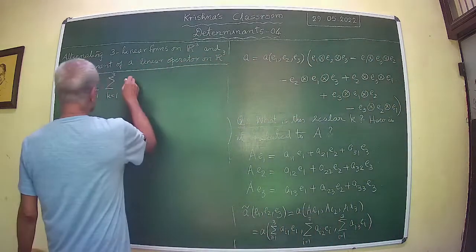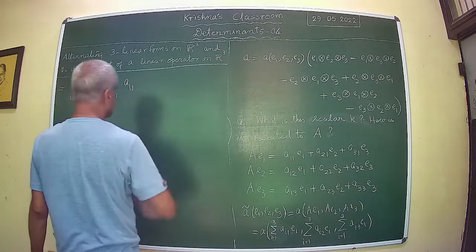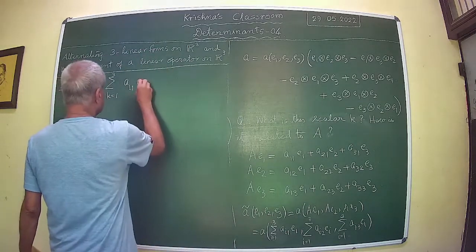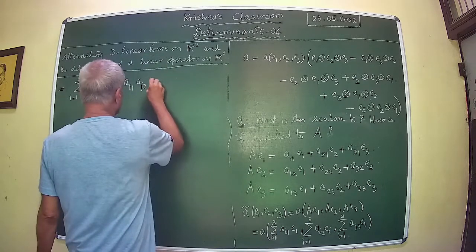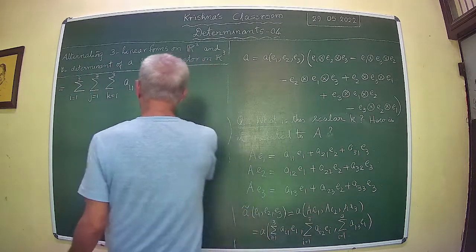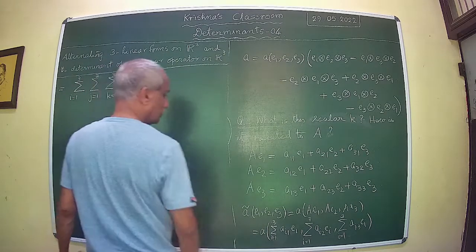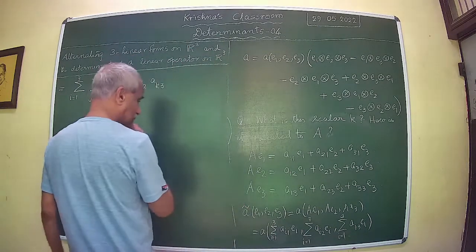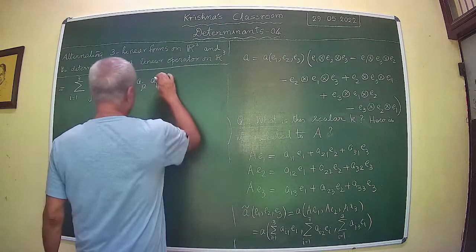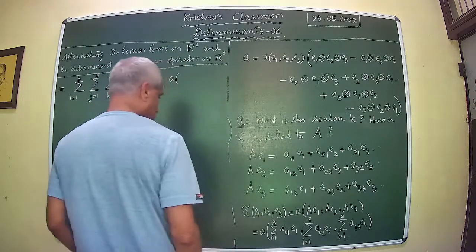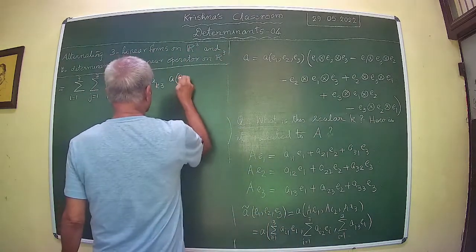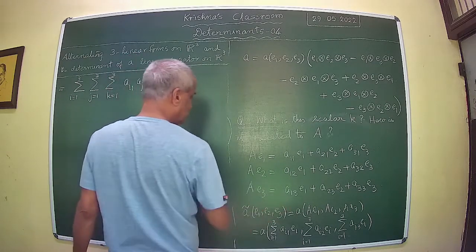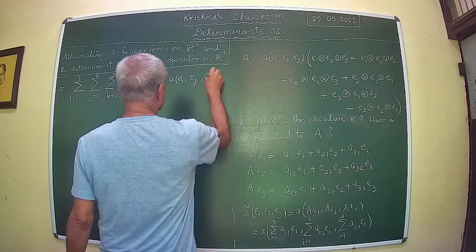So I get AI1 AJ2 AK3 times A of EI, EJ, EK.